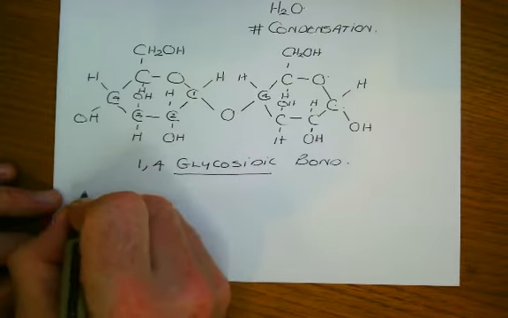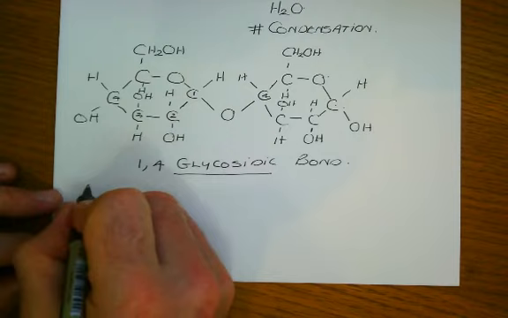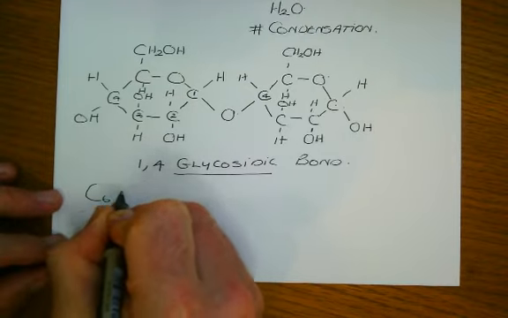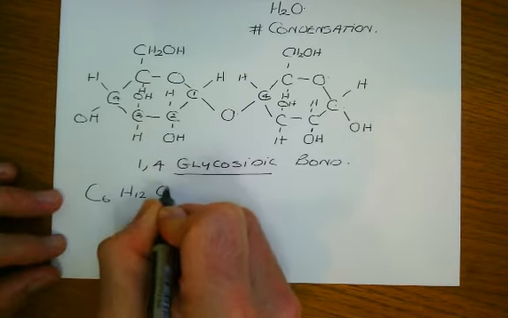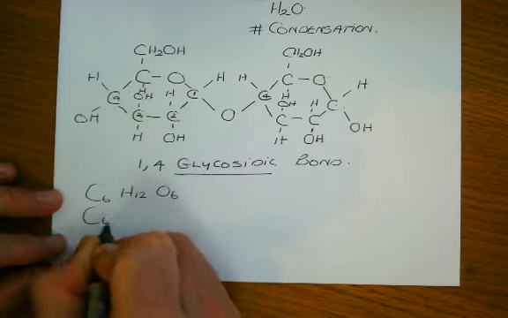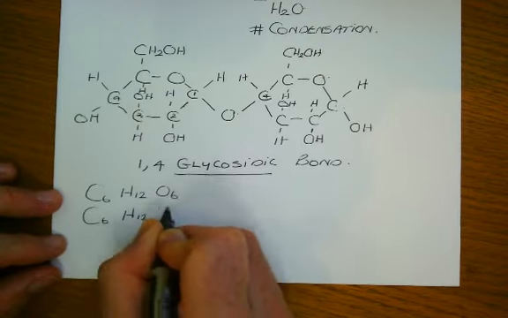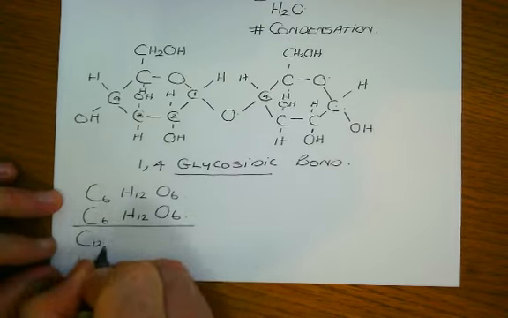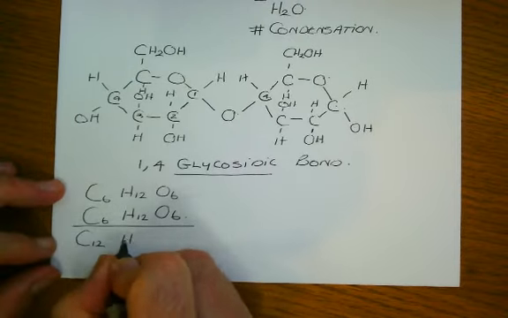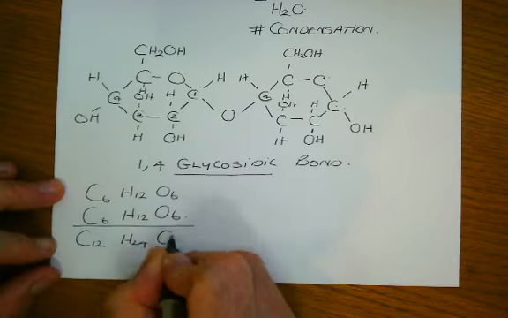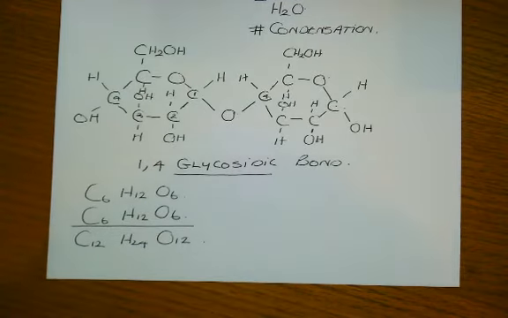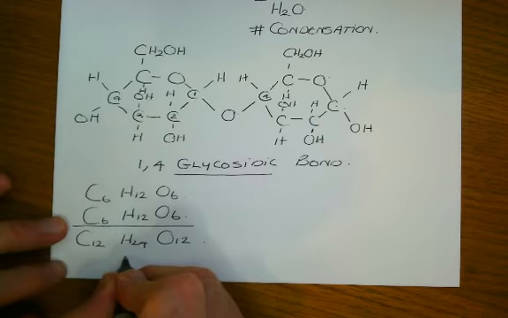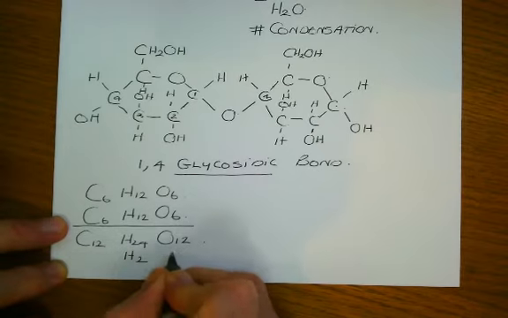Now, the very last part of this video is to make sure that you understand what the molecular formula of a disaccharide is. A little way of making you think about this is that what we've just done is add together two glucose molecules. So we think about the molecular formula of glucose, C6H12O6 plus another C6H12O6, and if we were to add them together, we would get C12H24O12.